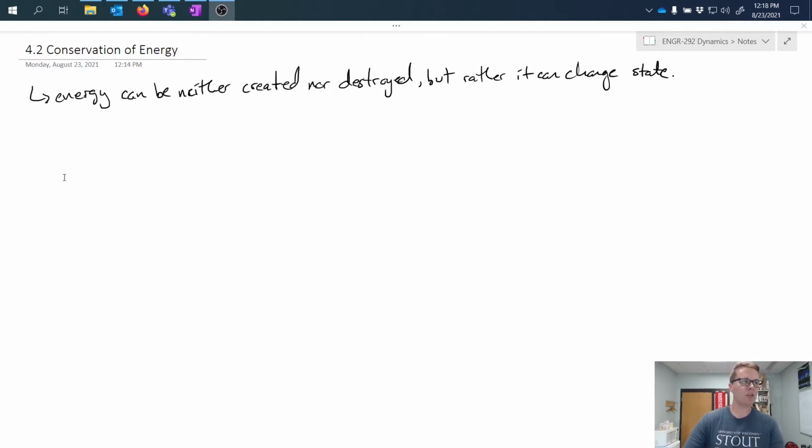So if I wanted to give a simple example, let's take an example of a slingshot. And the slingshot, if that looks like a slingshot, is holding a stone. And when the slingshot is drawn back, we are storing energy in an elastic form.